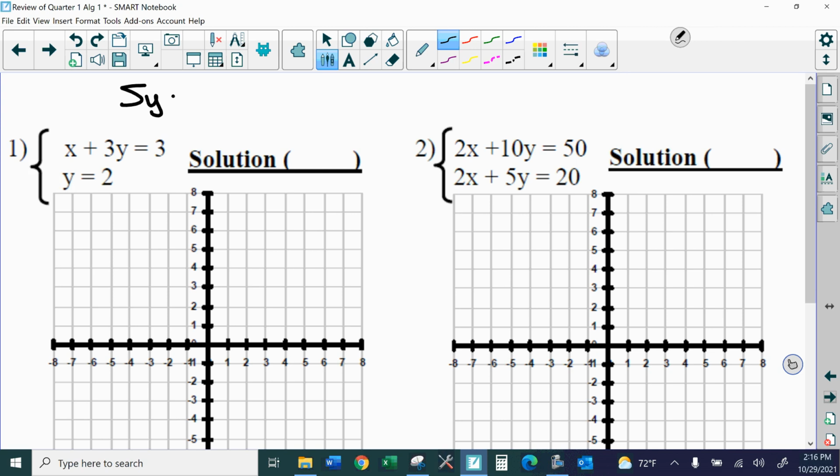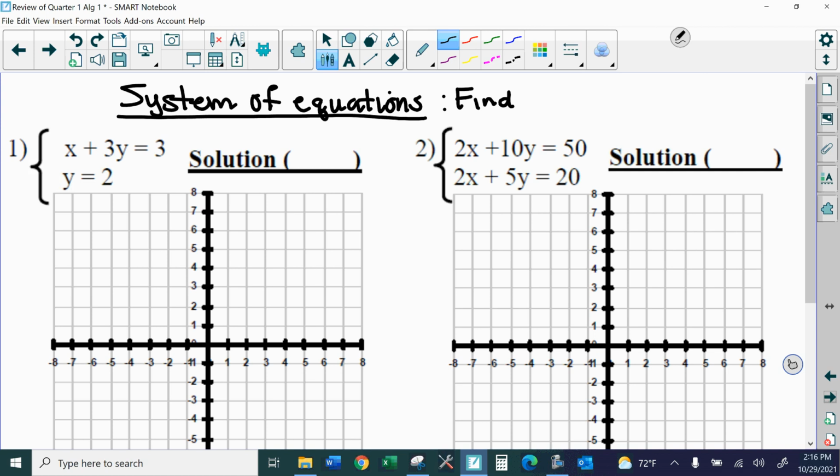Remember, solving a system of equations. What a system of equations means is I have 2 or more equations I need to solve simultaneously. Okay. So we're usually always dealing with 2 in Algebra 1. And what we're trying to find is the point of intersection.